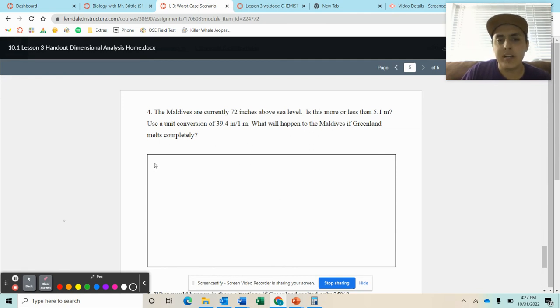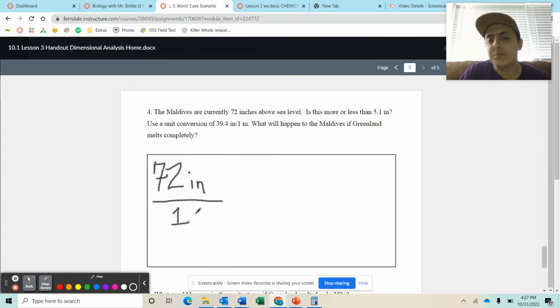So let's take our starting number. 72 inches over 1, because it doesn't give us a per something. Inches are on top over here, so when we enter our conversion factor, the inches is going to be on bottom.